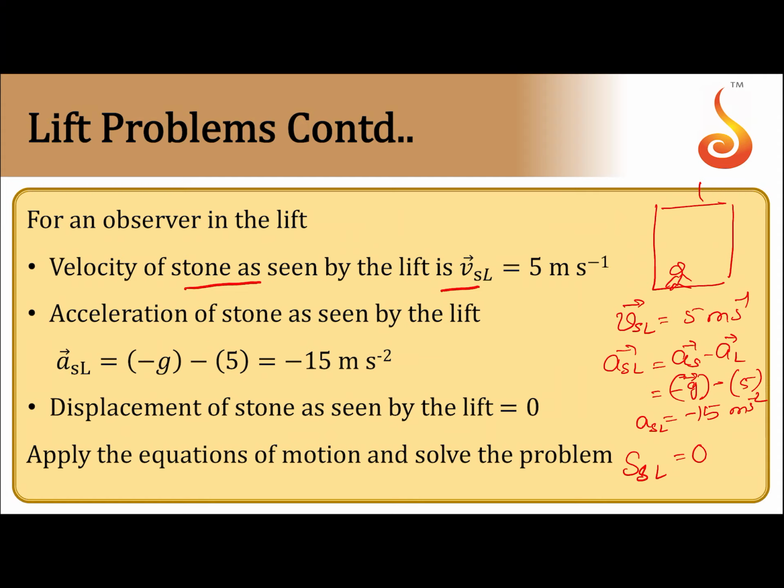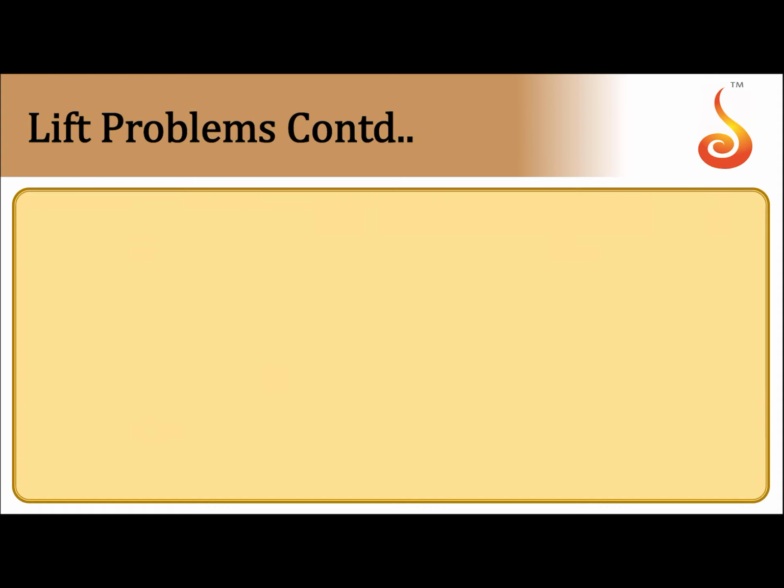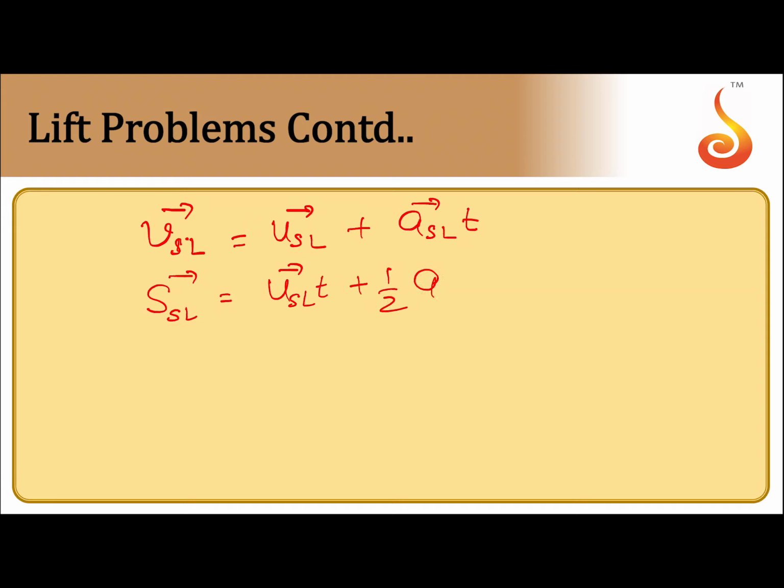So, now what is the approach? The approach is you use the equations of motion. V, velocity of the stone with respect to lift, is equal to u stone with respect to lift plus acceleration of the stone with respect to lift into t. S displacement is equal to u t plus half a t square.